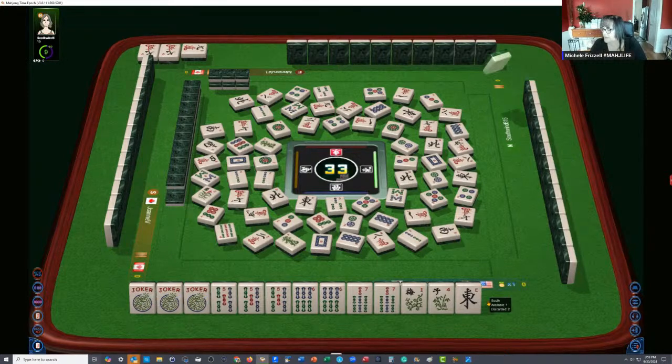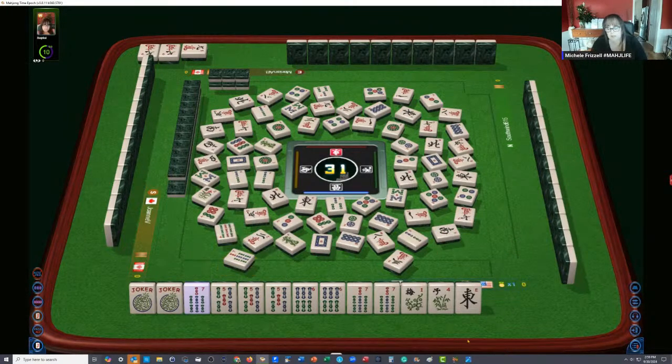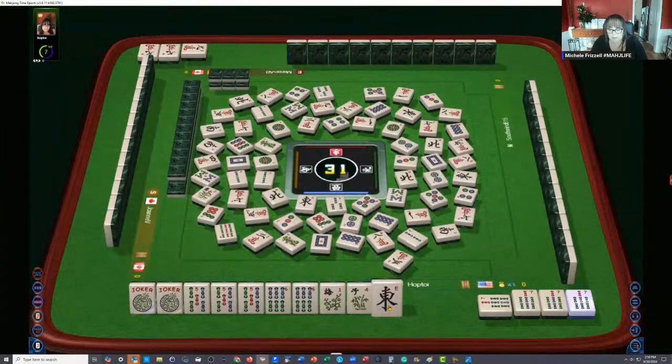South wind. Three characters. Five characters. Oh, shoot. I was thinking that was the 5. Seven bamboos. There we go. Kong. Kong. I almost dropped an F-bomb.